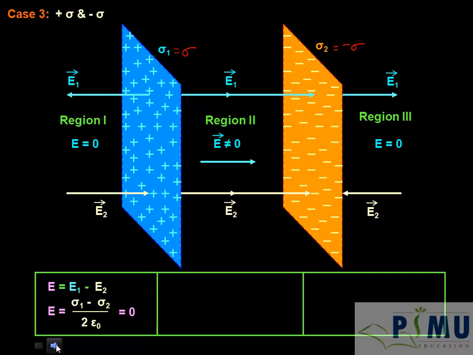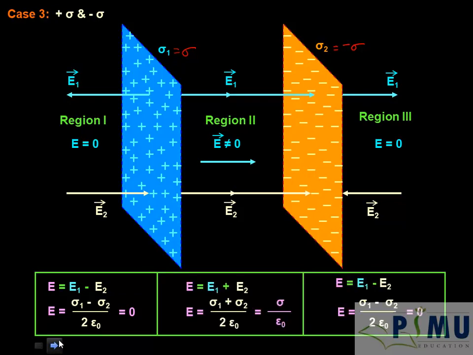So we are having these equations here because you can see in region 1 we have told earlier it is sigma 1 minus sigma 2 by 2 epsilon naught. That was what we got there. Sigma 1 minus sigma 2 by 2 epsilon naught, because here sigma 1 and sigma 2 are the same magnitude. So one is plus sigma and other is minus sigma. That's all, it will be getting cancelled.